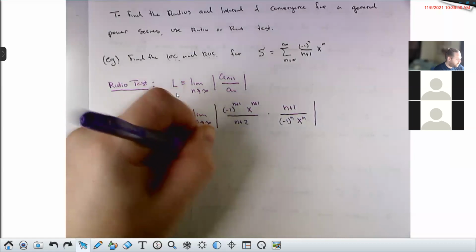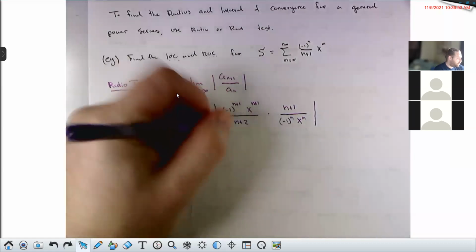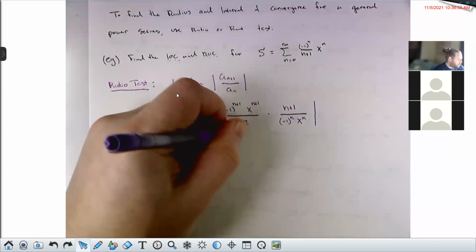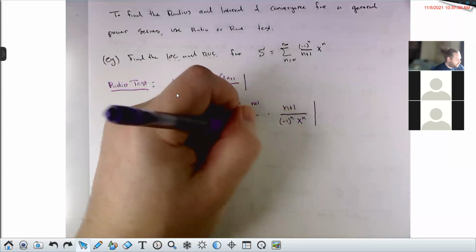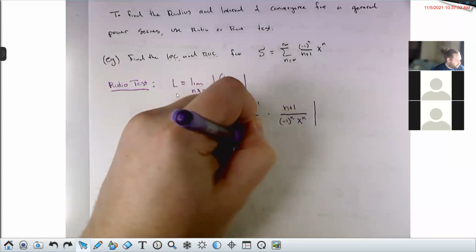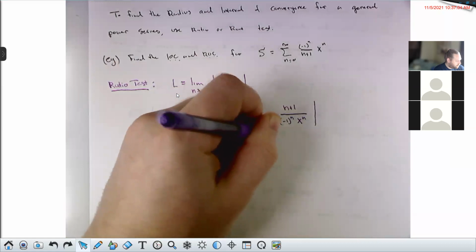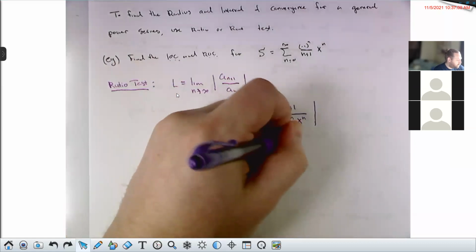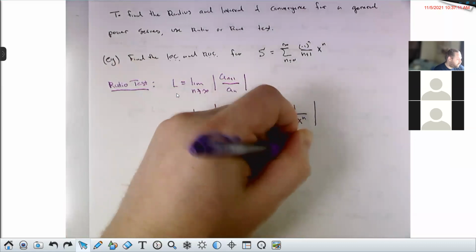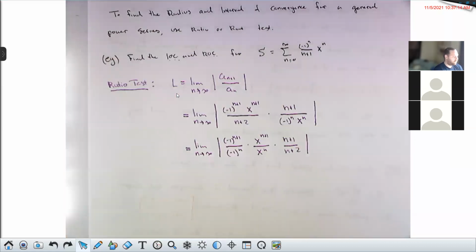That gives me the limit as n goes to infinity of the absolute value of (-1)^(n+1) divided by (-1)^n, times x^(n+1) divided by x^n, times n plus 1 divided by n plus 2. Each of these can be worked with pretty easily. (-1)^(n+1) divided by (-1)^n, we've seen a million times, is just negative 1.